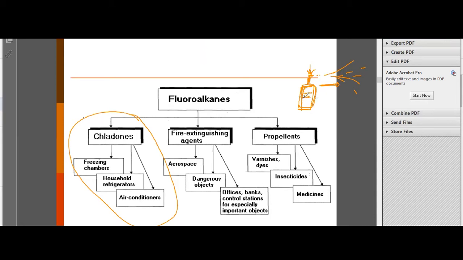The liquid here needs a propellant to make it spray. The propellant used is halogenoalkane. So the functions of fluoroalkanes, once again: first refrigerants, second fire extinguishing agents, and third propellants.